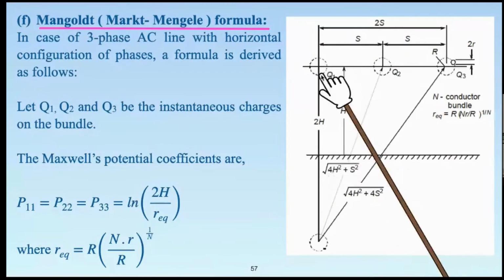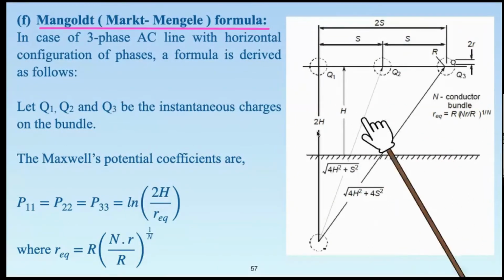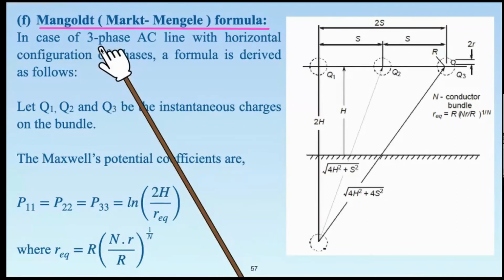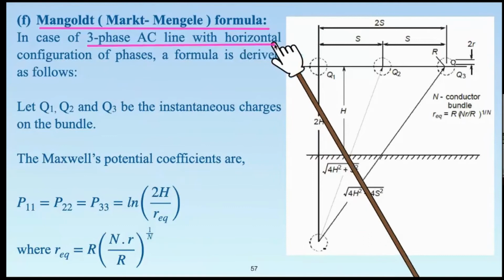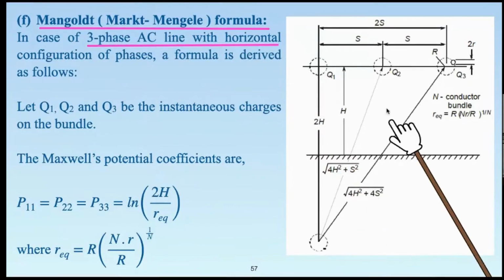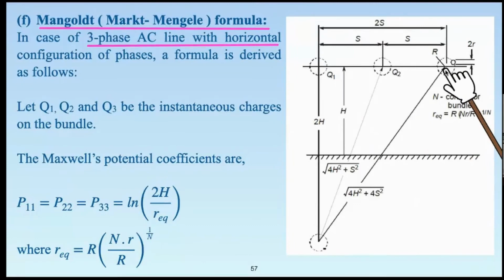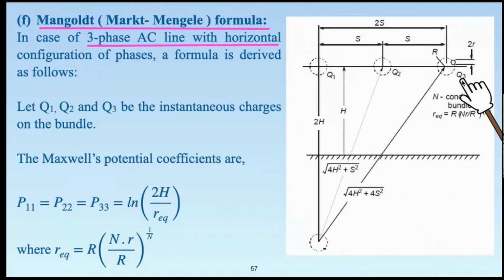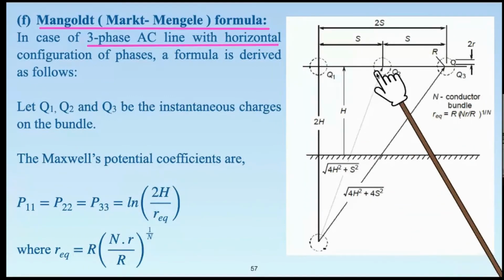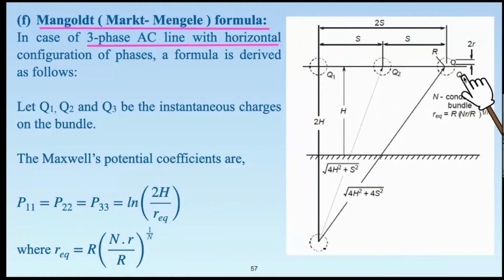Okay, see that there is actually a three phase AC line, single circuit, with horizontal configuration. So you can see phase R, phase Y, phase B, let us say, having charges Q1, Q2, and Q3, the respective charges.